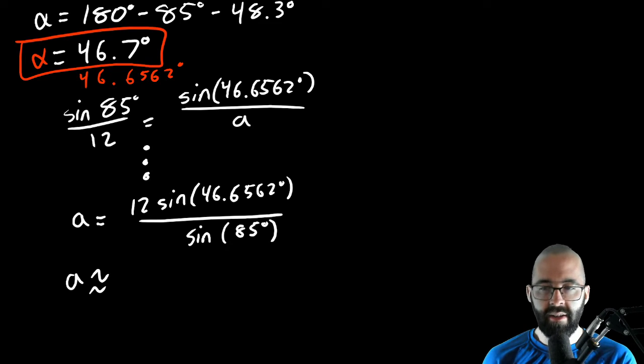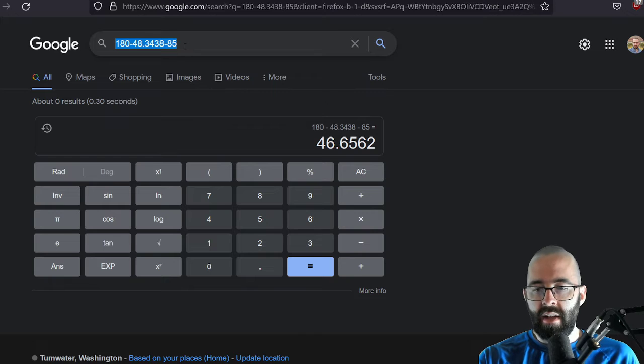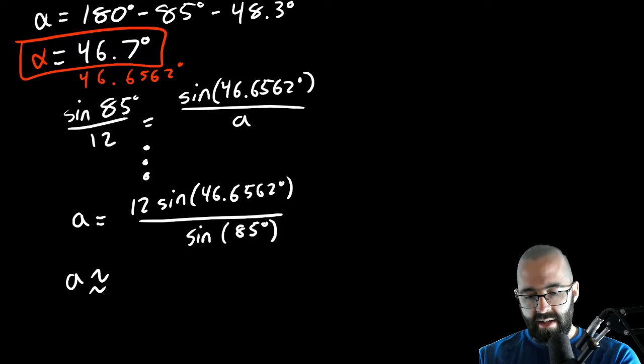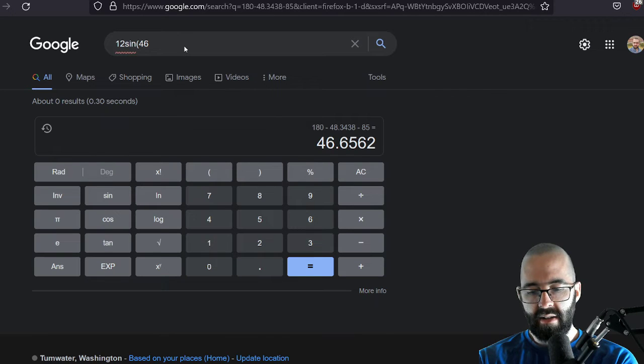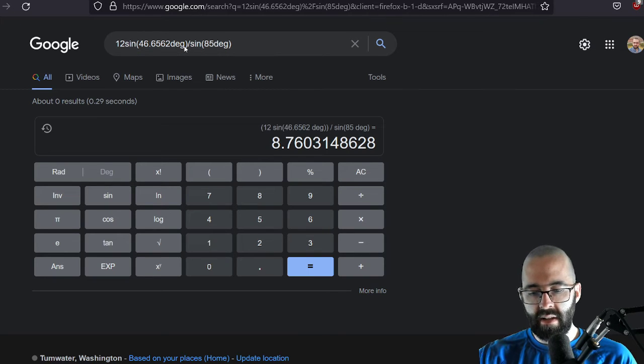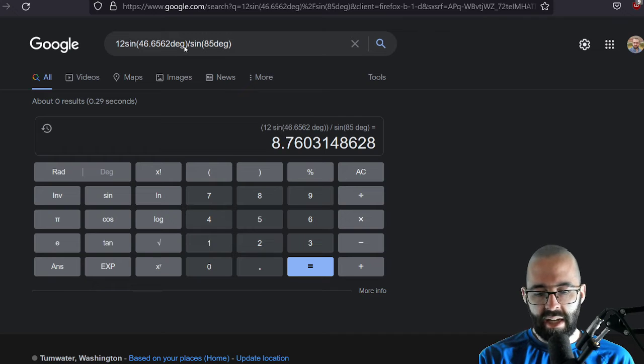Plug this into a calculator and we're going to be done. All right. 12 times the sine of 46.6562 degrees divided by the sine of 85 degrees. And A is about 8.8.